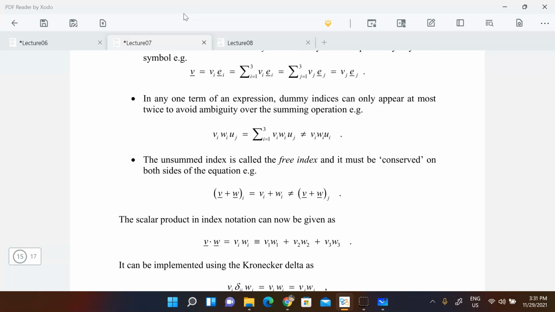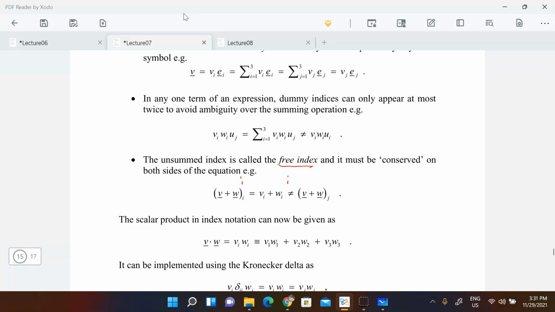And then the other rule is that the unsummed index is called a free index. The free index carries the meaning that you're looking at a particular component. So if I have an expression on the left hand side with index i, then on the right hand side it must have the same i as well.